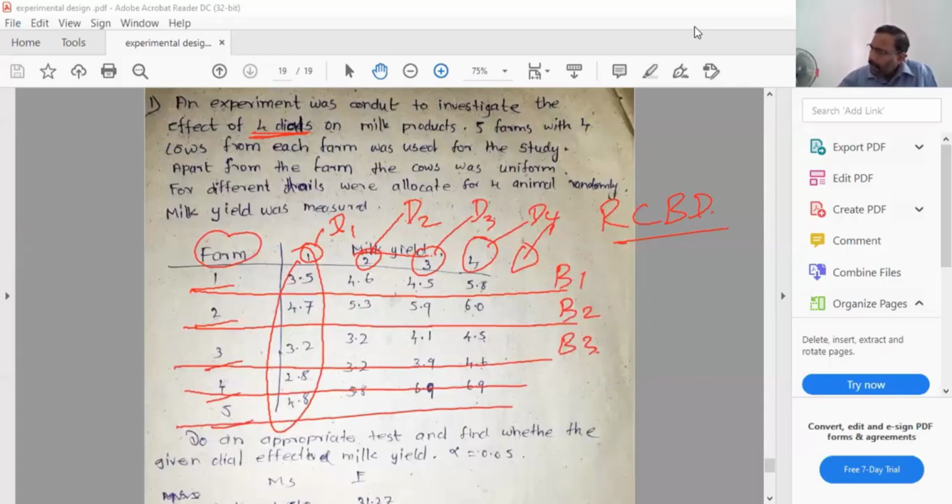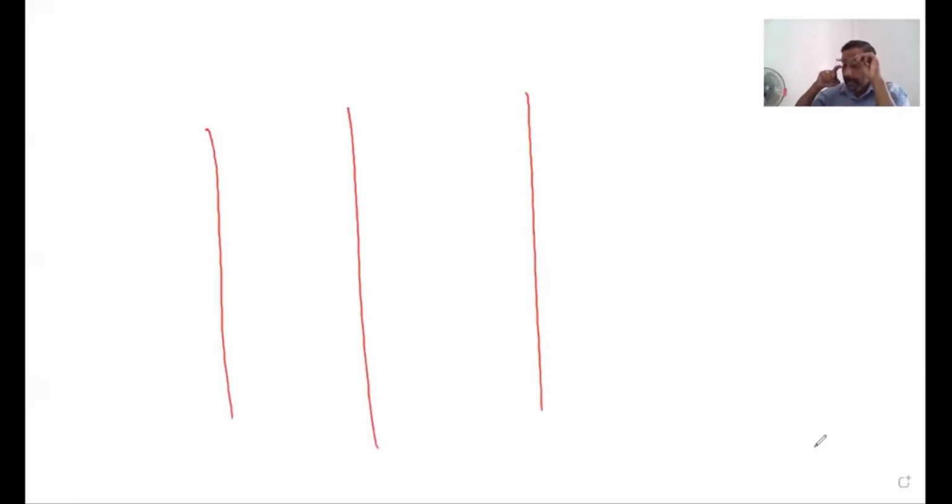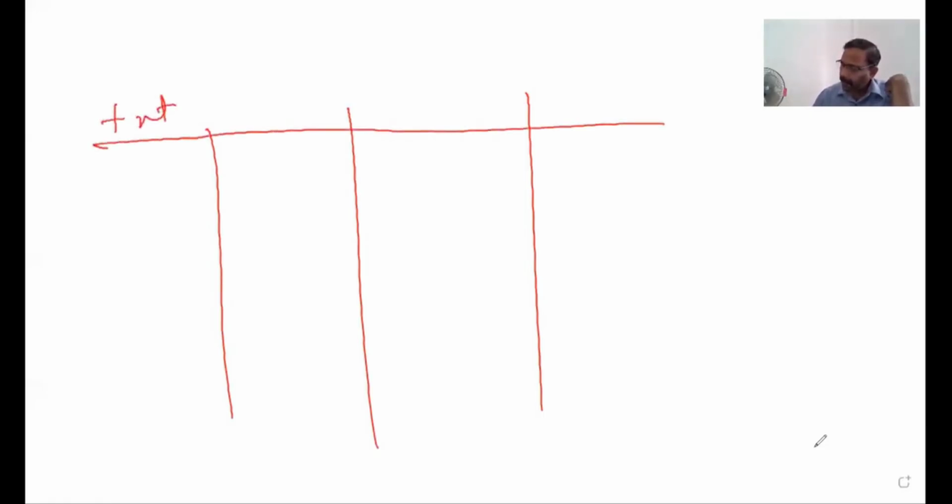So that we could enter the data, let's say in simple form. How are we going to enter the data? For example, we can enter the data as treatment, block, and milk yield. I'll put it as yield.